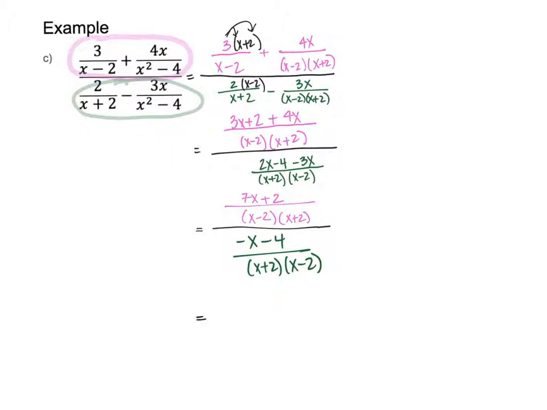So if I'm dividing, I'm taking that top fraction here, the pink one, and I'm going to hold it still. So 7x plus 2 over x minus 2 times x plus 2. And then if I divide, I have to flip the second fraction, so the green one. So if I flip it, I have x plus 2, x minus 2 in the top, and in the bottom, I have negative x minus 4.